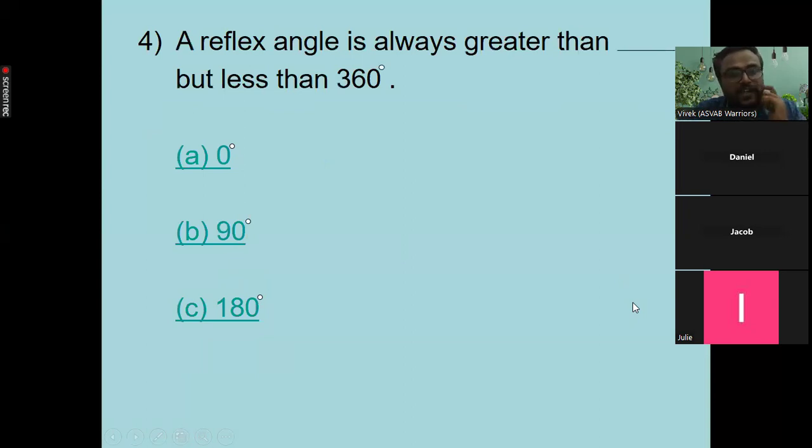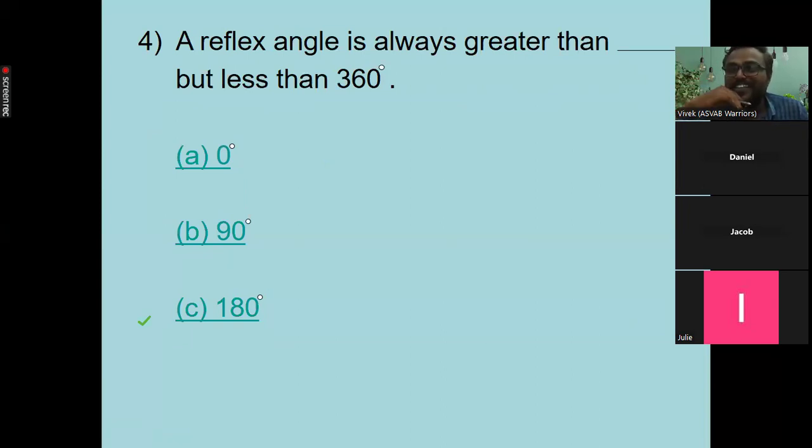The next question says a reflex angle is always greater than dash dash but less than 360 degrees. Please write down the answer in the chat box. Jacob, please put it in the chat box. I want you to answer it to me privately.